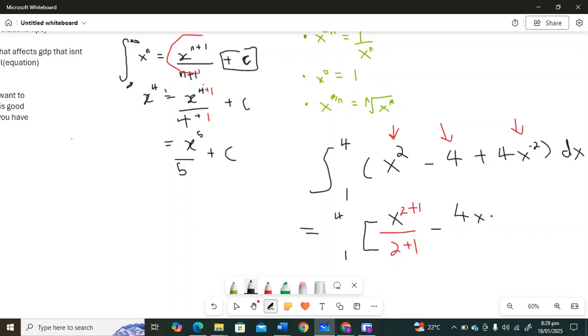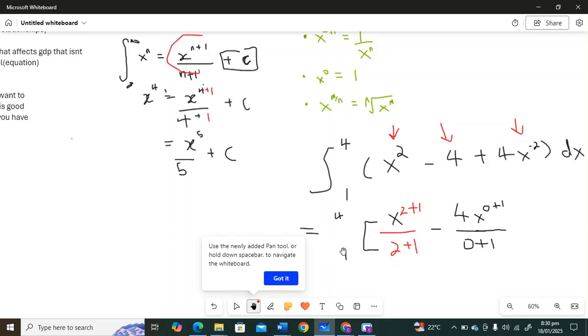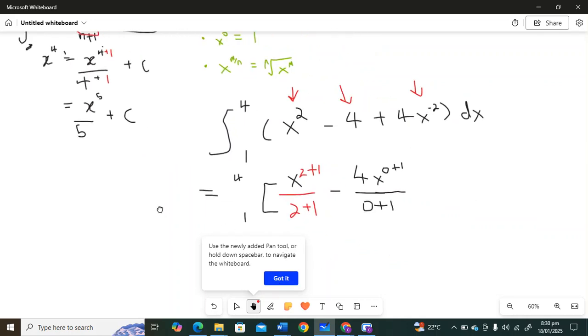Colleagues, magic happens in mathematics. 4x is the same as 4x to the power 0. So this 0, we add a 1 over 0 plus 1. That's how we got 4x. 0 plus 1, 4x to the power 1 over 1. Are we okay with that? Any questions?